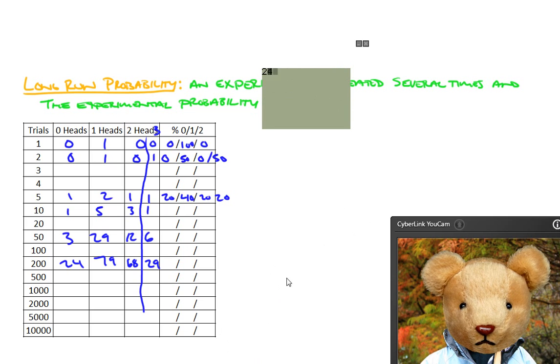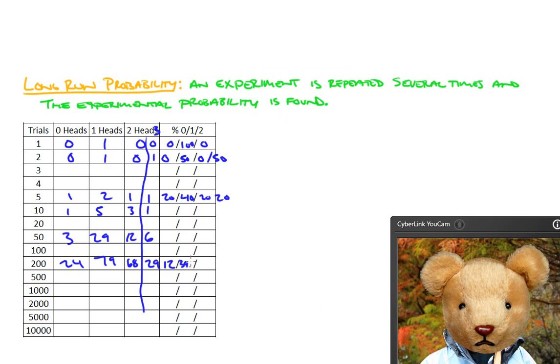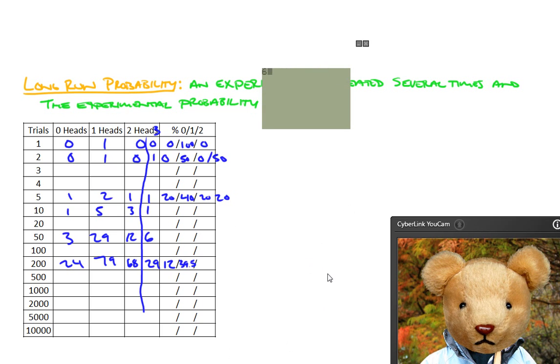Okay, so 24 divided by 200 is 12%. And then we have 79 divided by 200 is 39.5. And then we have 68 divided by 200 is 34.